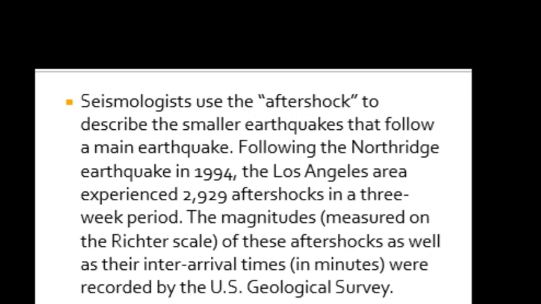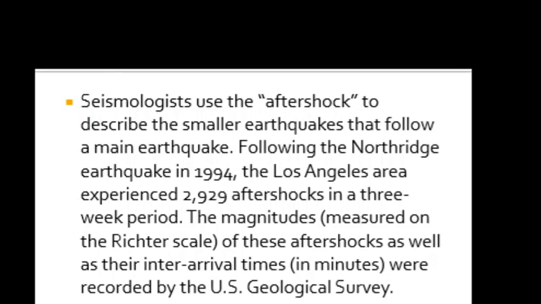Here is an example to compare the three values and the shape of the distribution. We have a data set of 2,929 aftershocks in a 3-week period for the Northridge earthquake in 1994.